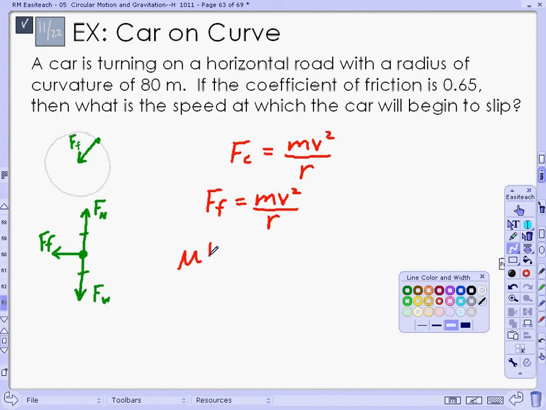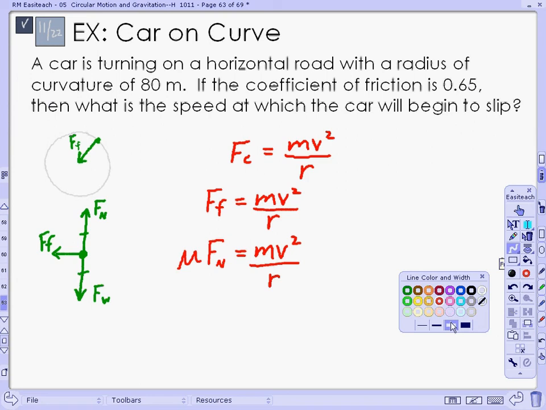Mu force normal is equal to mv squared over r. All I did there was use the equation for friction, and I replaced this with this. That's all I did, just a substitution. Next, I have to recognize that force normal is equal to what?